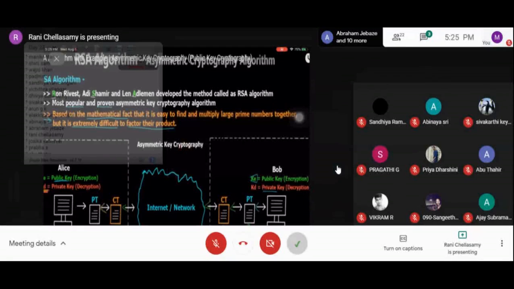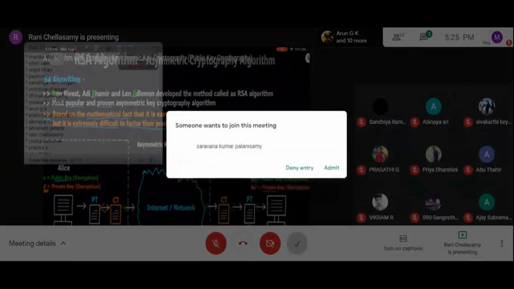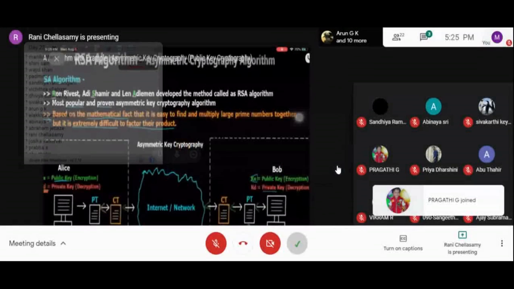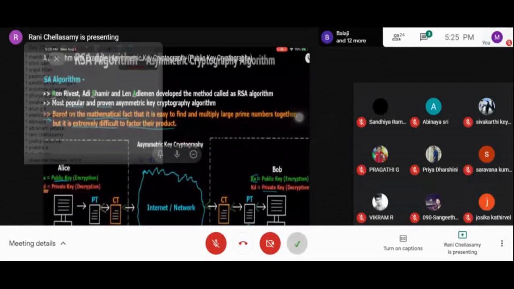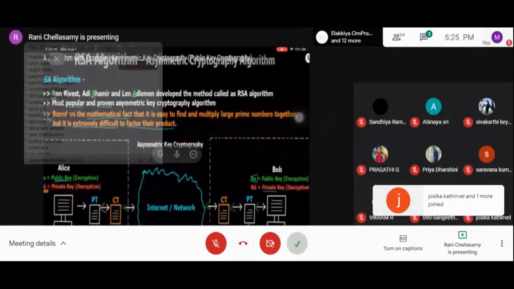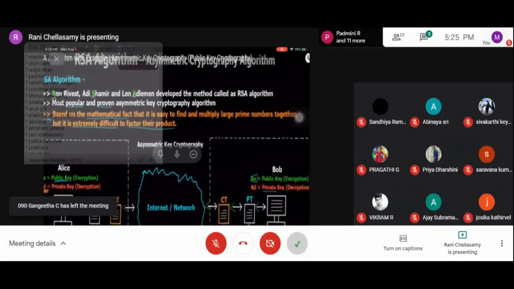Moving into the disadvantages, RSA is very slow in the key generation process. Two keys must be generated in RSA, the public key and the private key, and generating these takes a very long time.